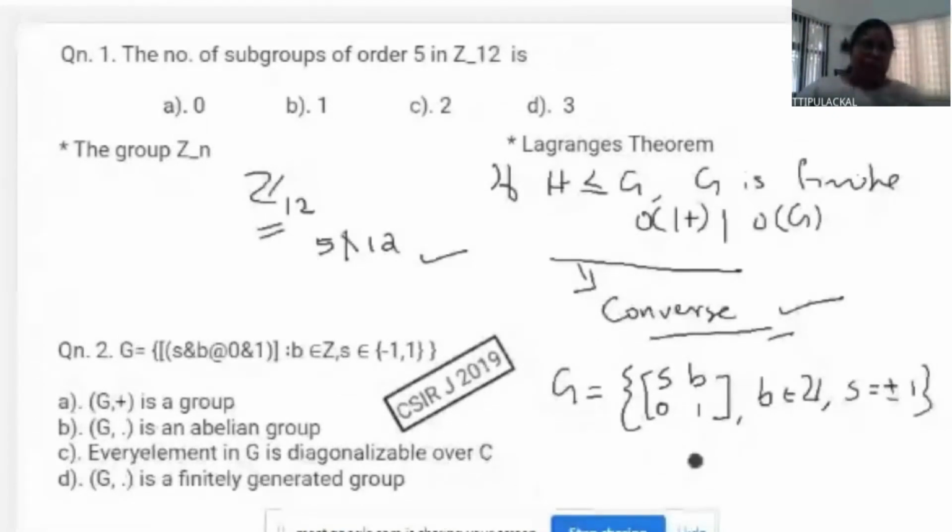The question is: which of the following is or are true? The options are: under addition, G is a group. What about this option A? Under addition, can it be a group? It is easy to see.